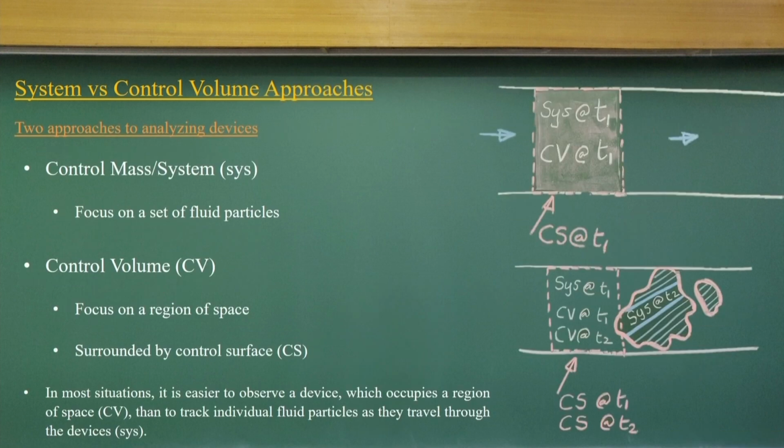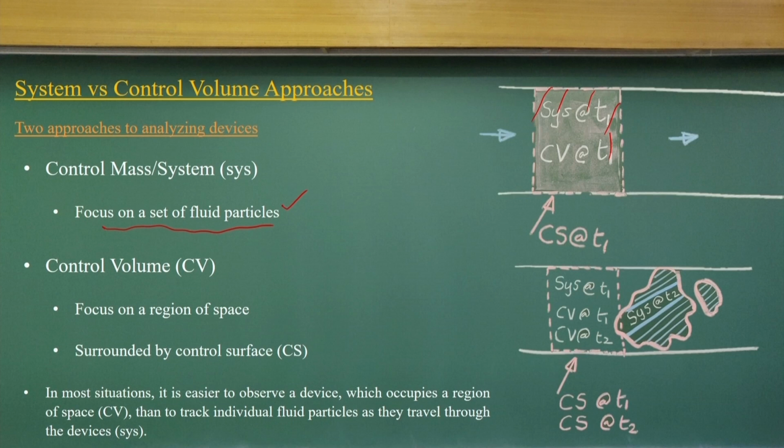Now, let us see what the system is and what the control volume is. Okay. I will now talk about the same virtual fluid ball concept, but if you look at this, when you talk about a system, that means we define a group, a set of fluid particles. That is the common definition.